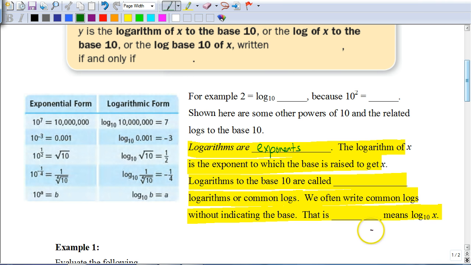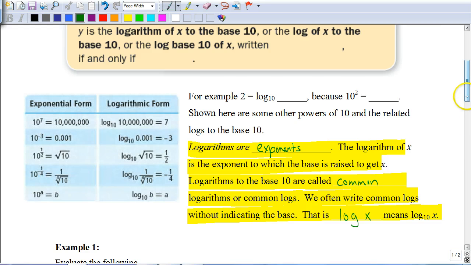The logarithm of x is the exponent to which the base is raised to get x. Logarithms to the base 10 are called common logarithms, or common logs. We often write common logs without indicating the base. That is, log x means the same as log base 10 of x.